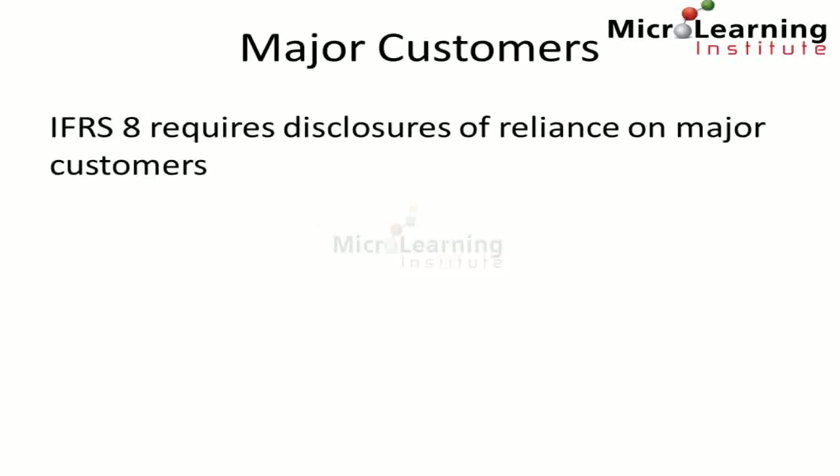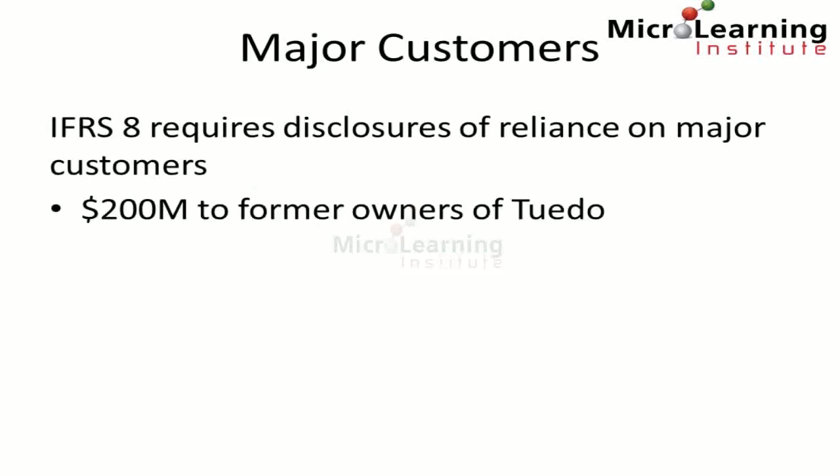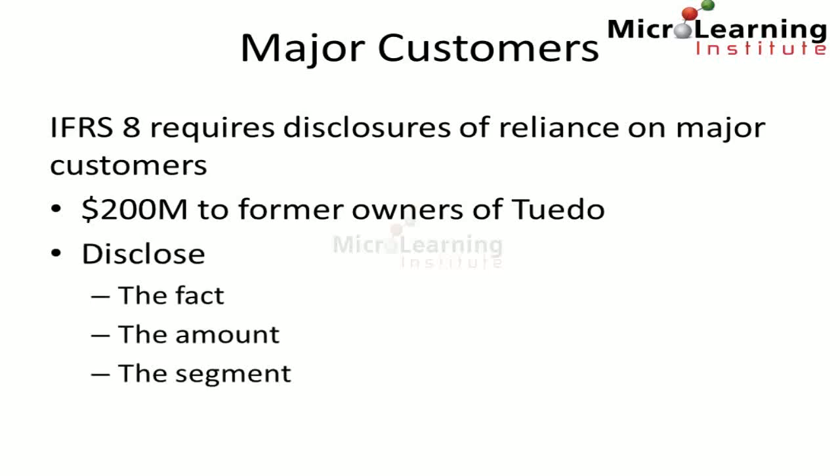And with regard to major customers, IFRS 8 requires disclosure of reliance on major customers. So again, we would need to disclose 200 million to the former owners of Chudo, and again we disclose this fact, we discuss the amount in question, and we discuss what segment it applies to.